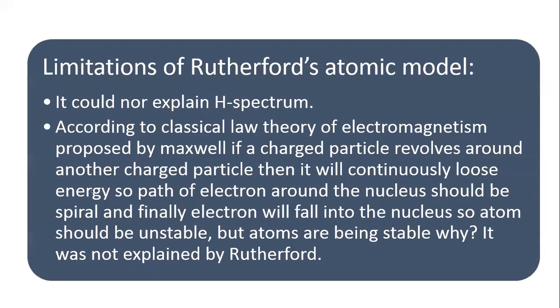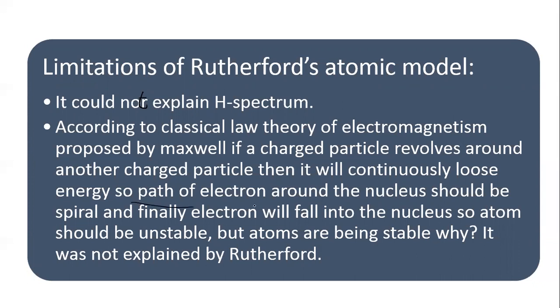And last, the limitations of the Rutherford atomic model. It could not explain the hydrogen spectrum. According to the classical theory of electromagnetism proposed by Maxwell, if a charged particle is revolving around another charged particle, it will continuously lose energy.